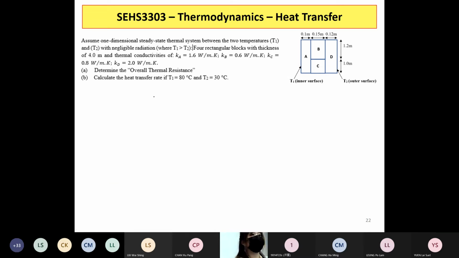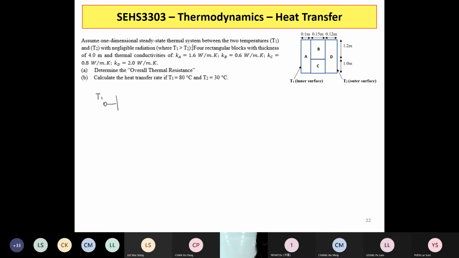First thing, try to draw the diagram, sketch out the simple diagram for the heat transfer circuit. So what we have is T1 at this surface.